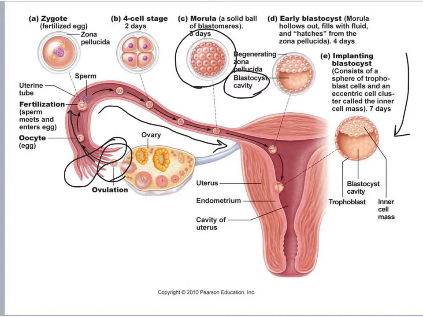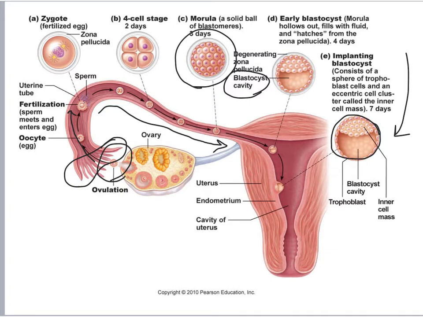All right. So if the mucosal lining, the endometrium of the uterus is receptive, cell adhesion molecules bind to this part of this blastocyst that is the outer part here. And we call this outer part the trophoblast. Now this trophoblast is what binds to the cell adhesion molecules on the endometrium.